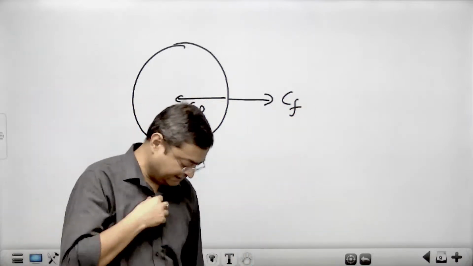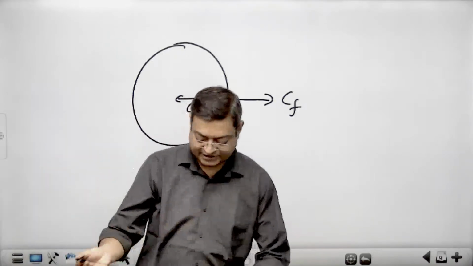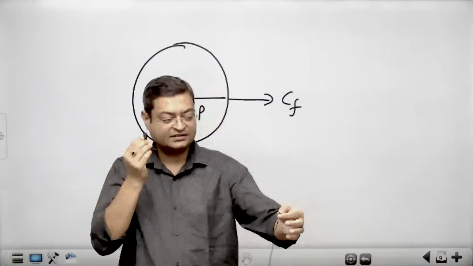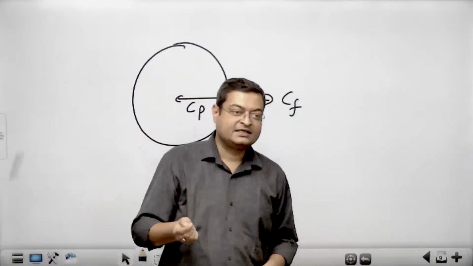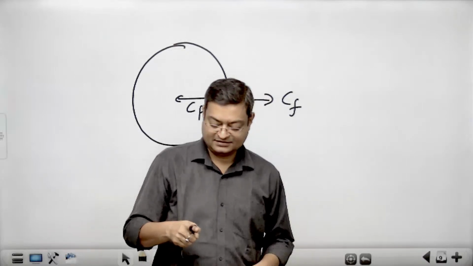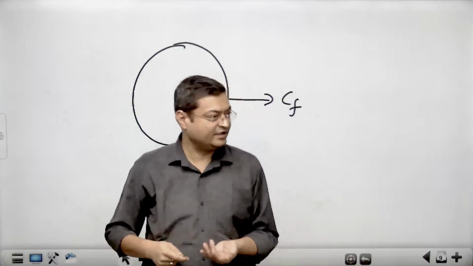I can show it here. Let us suppose this one is the circular one, and this is the radius. This is the speed. Yes, moving, right?